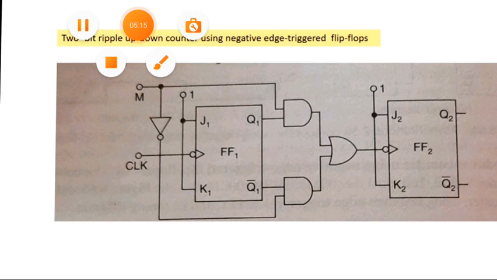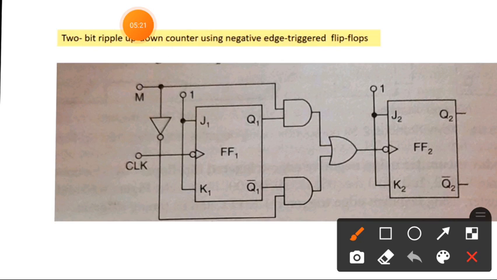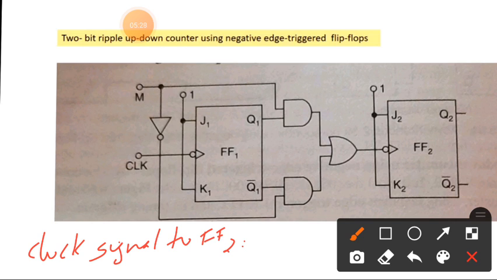So the clock signal to flip-flop 2 is equal to Q1 M plus Q1 dash M dash. This is the explanation of the 2-bit ripple up down counter using negative edge triggered flip-flops.